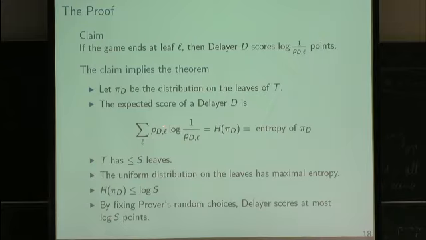So then the expected score is just the sum, which is exactly the entropy of the distribution on the leaves. Now you know that there are at most S leaves, and you also know that the uniform distribution has maximal entropy, so therefore you get this bound. And now you can just fix the random choices of the prover, and then you get the statement.